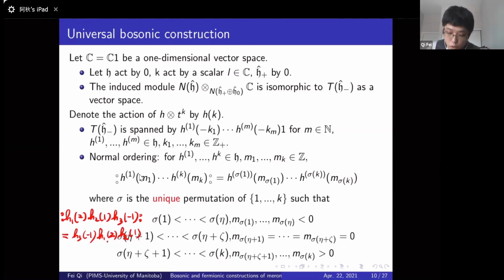The warning is that you are not supposed to interchange these freely. This is the requirement for this ordering: the ordering of these shall be kept in the final normal order expression, and you do not have the liberty to interchange them. Okay, so that's the explanation of the normal ordering.